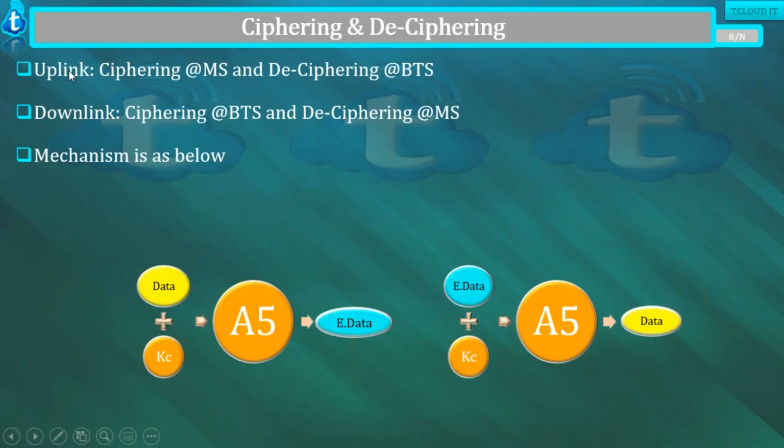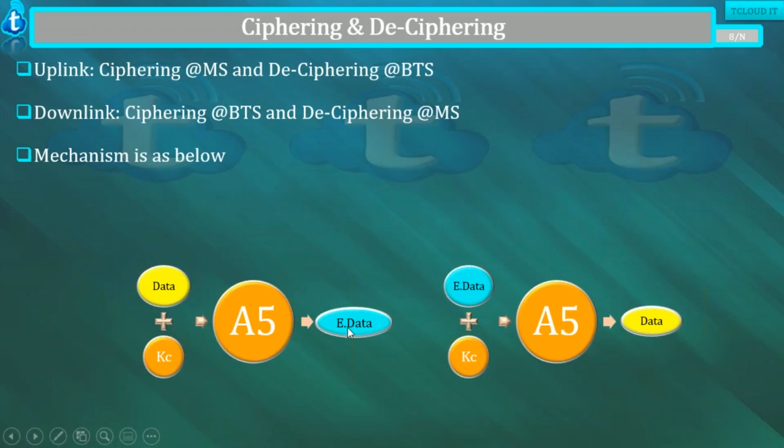Downlink data means network to the mobile, in the reverse direction. Data has already arrived at BTS. BTS is going to do the ciphering: it takes the data, along with the KC, and sends it to A5. A5 will encrypt it.